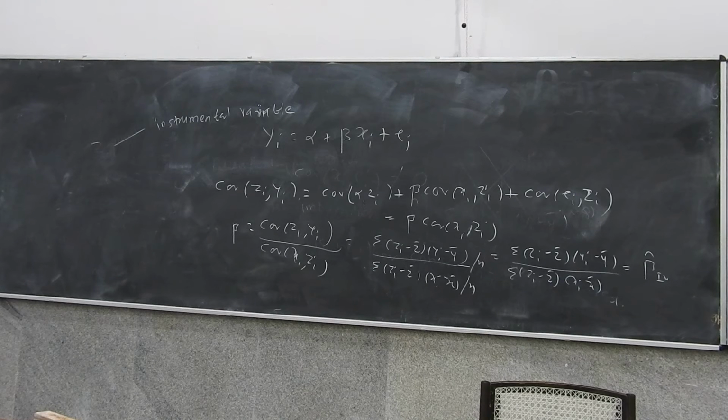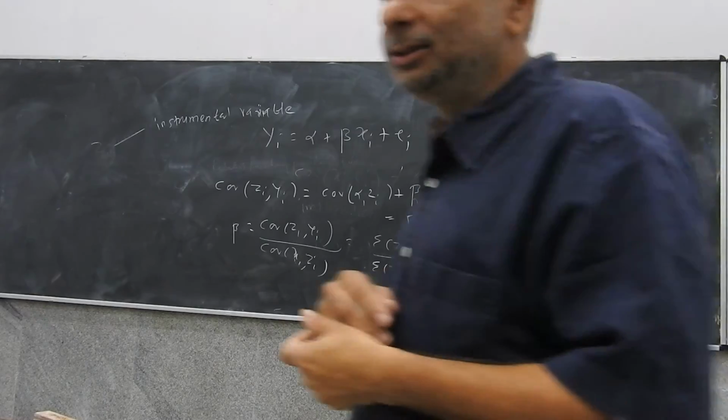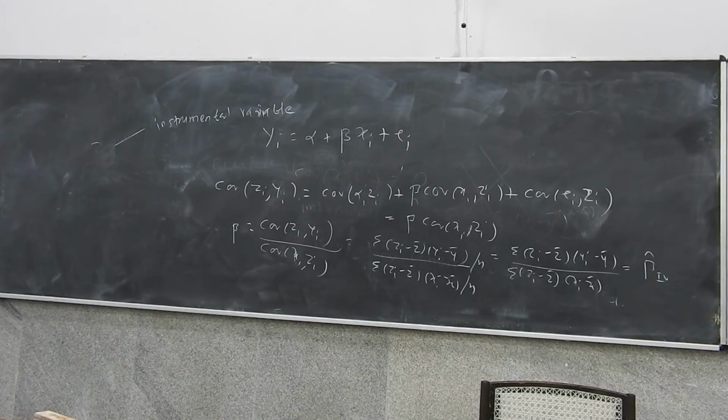So as the sample size becomes larger and larger, the IV estimator will be a consistent estimator, whereas the OLS estimator will not be a consistent estimator in this case. Right?